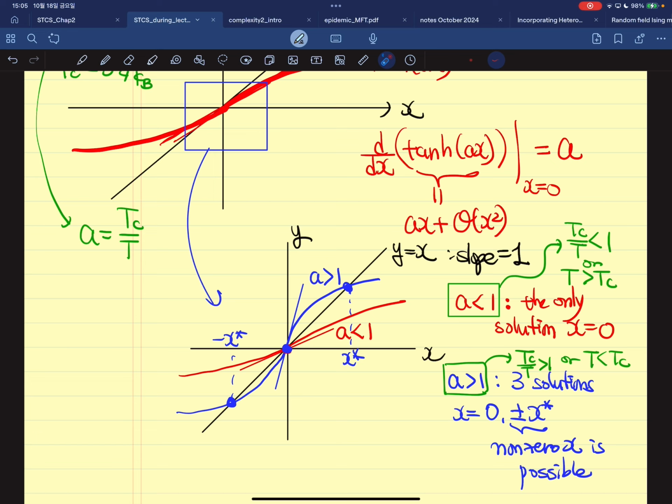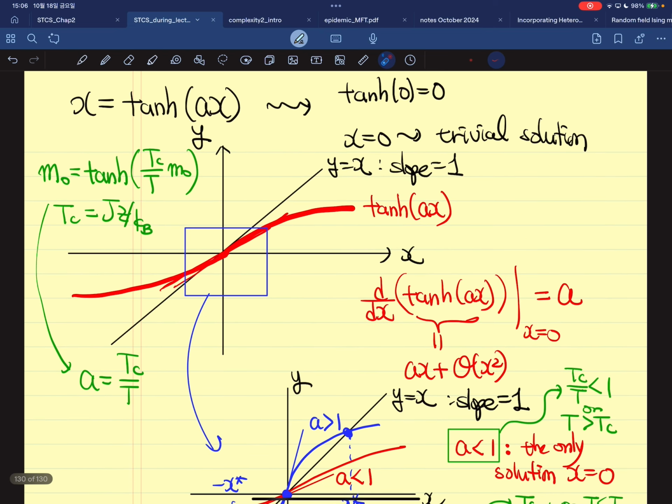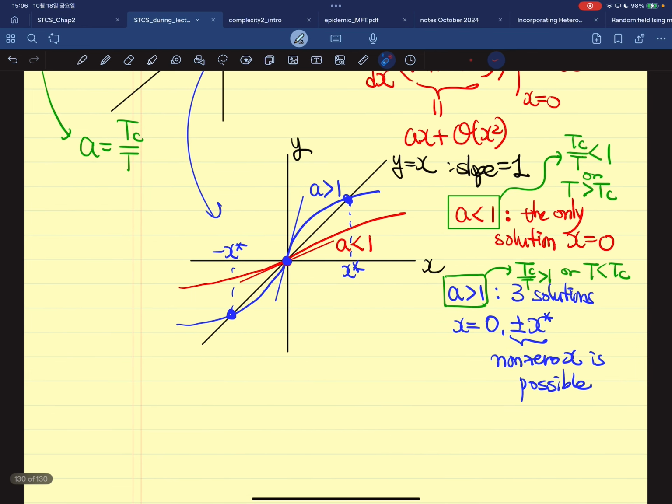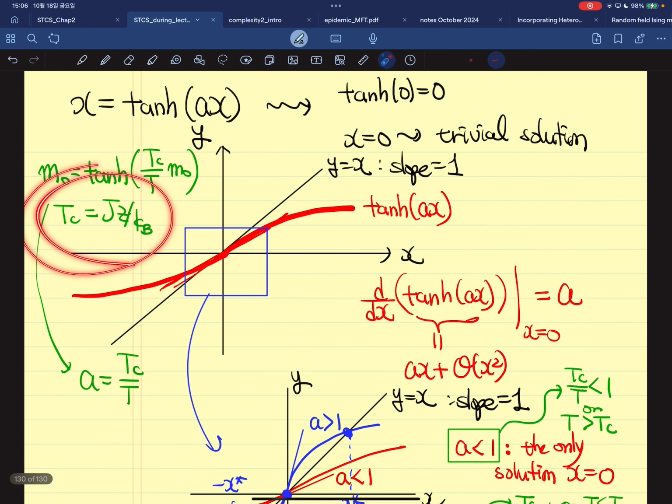But for T smaller than Tc, it is possible to have a non-zero magnetization, even in the absence of external field H. So this is the first mathematical proof that this Ising model can have a non-trivial phase transition at this clearly non-zero value of temperature.